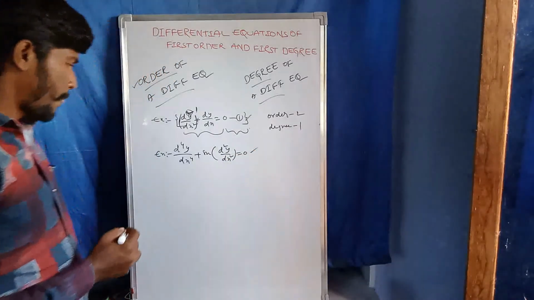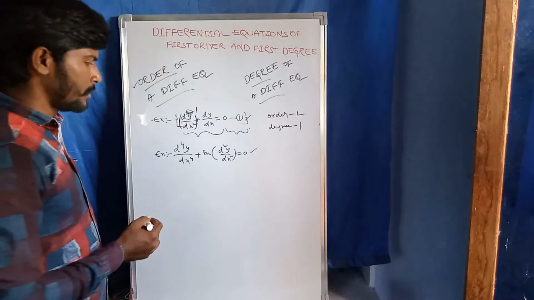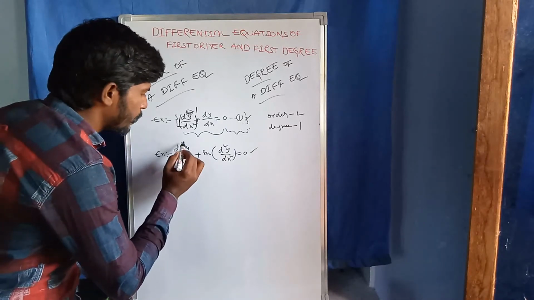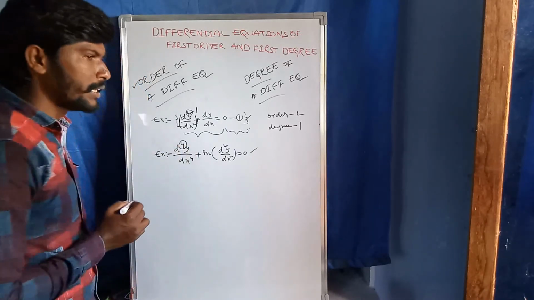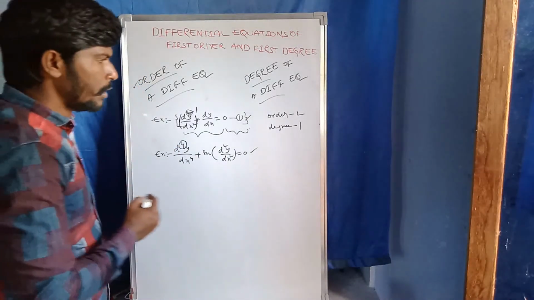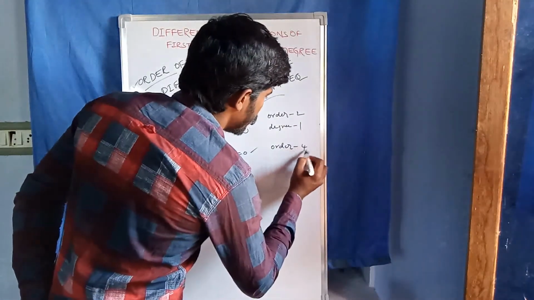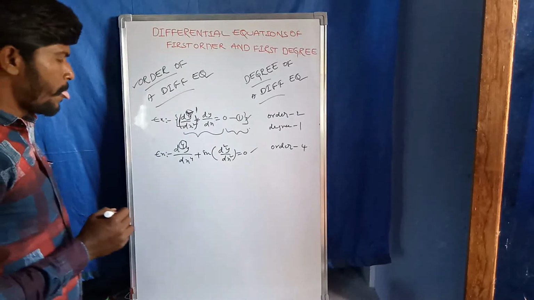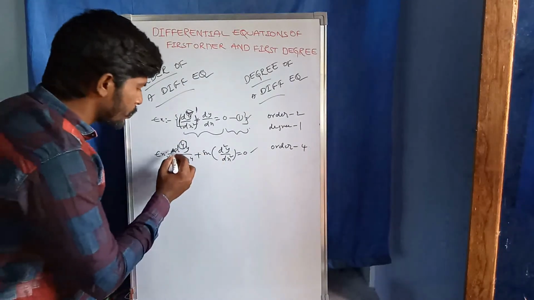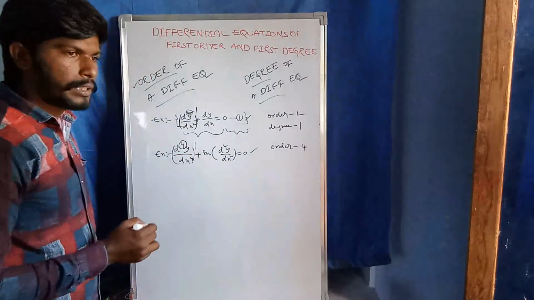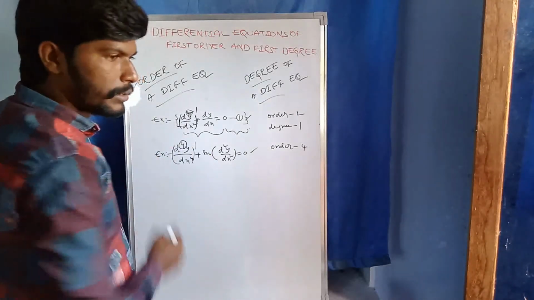In this differential equation, the highest order derivative is 4. So order is 4. Next, the degree of the highest derivative is 1.